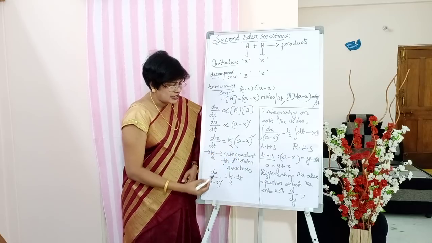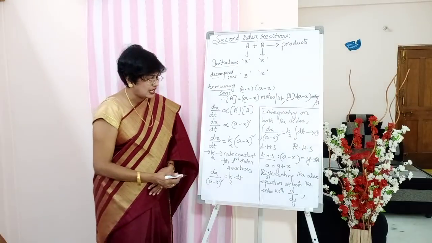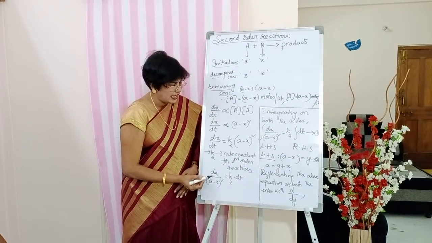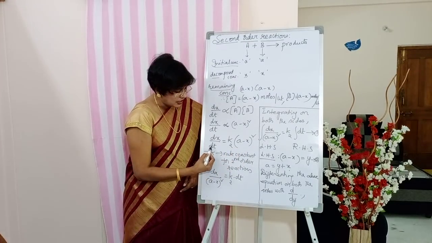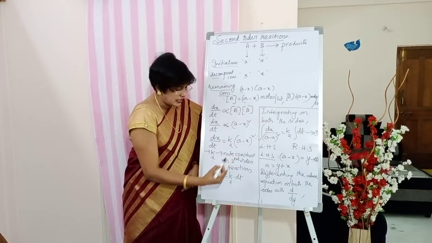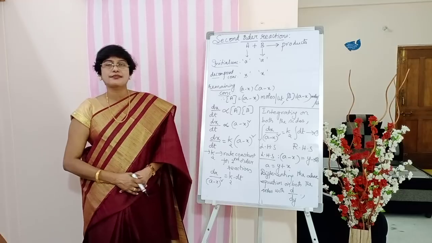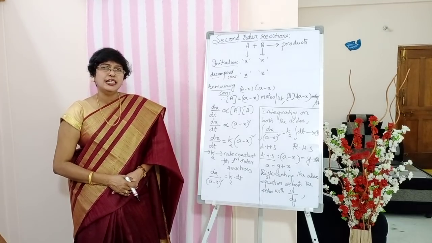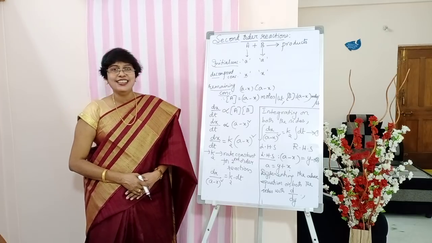This a minus x we brought to the left side, bringing the same variables to the same side. So here also we do the same. dx by a minus x whole square, and this dt will come to the right side, equal to K2 into dt. I think till here it is clear for you.